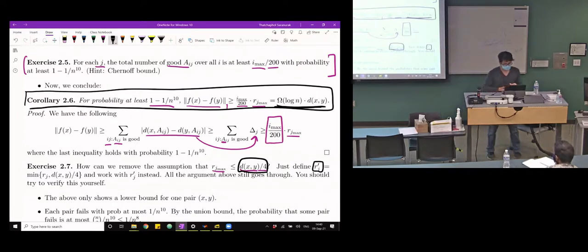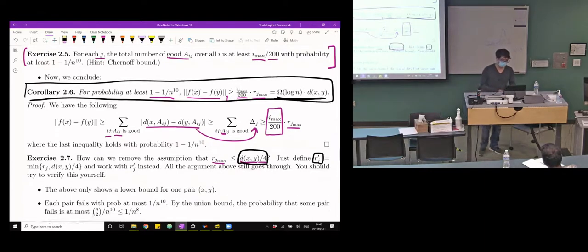So Yahweh just mentioned that, okay, we have that this is true, but what if we want this to hold for all pairs x and y? How would you deal with that? Union bound. Exactly, just union bound.